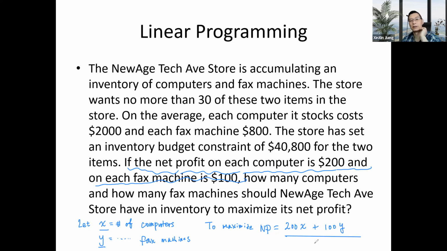That is our net profit function. We would name such a function the objective function. Okay, so this is the objective function, the whole thing.